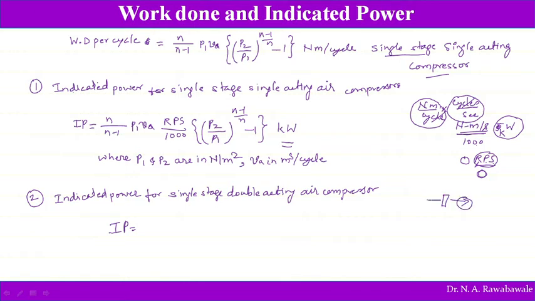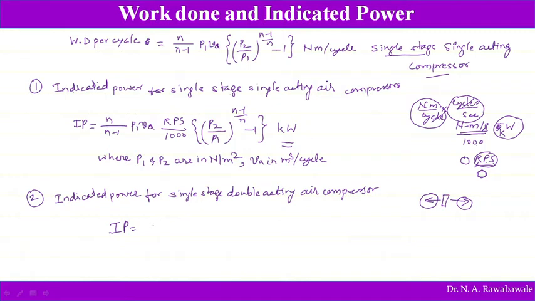When piston moves on left side, air is compressed on another side. Means it compresses air on both the sides during forward and backward movement. Therefore, power required will get doubled, approximately the power required to run such compressor will be double.